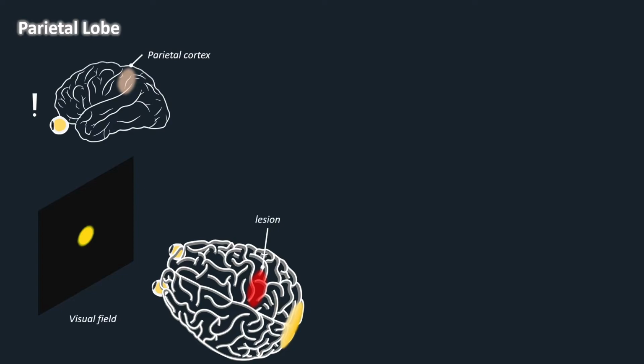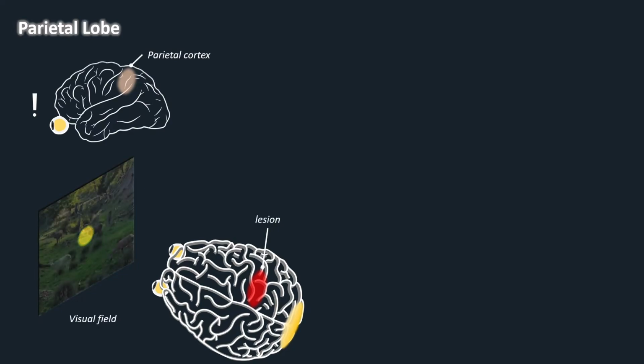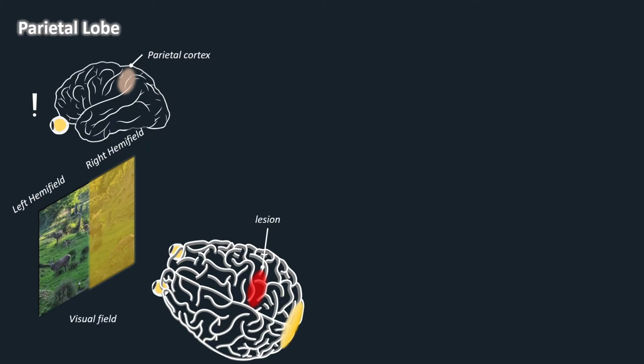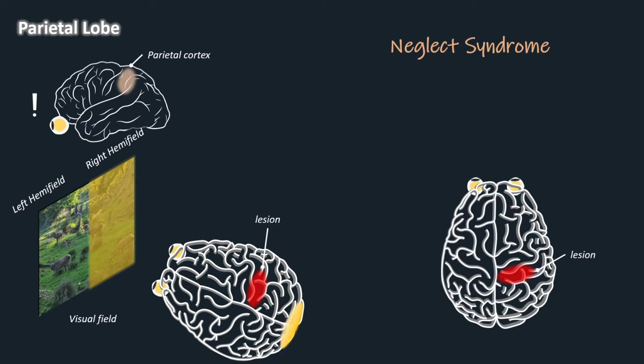However, when presented with a more complicated world, with objects in the right and left visual hemifield, they tend to report more of what lies in the right visual hemifield. This defect, known as neglect syndrome, arises because attention is focused on the visual hemifield ipsilateral to the lesion.